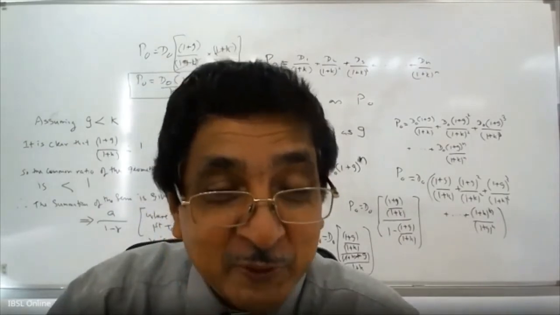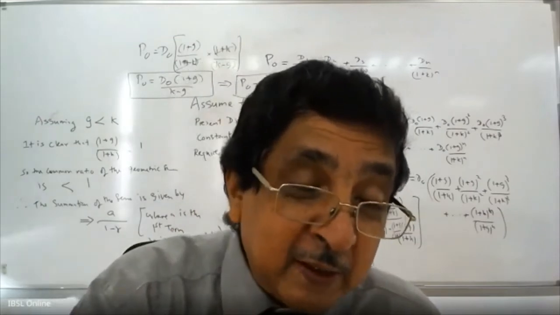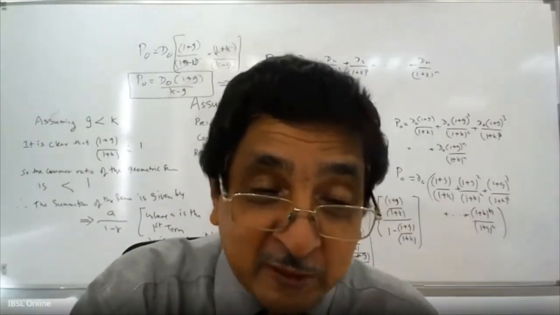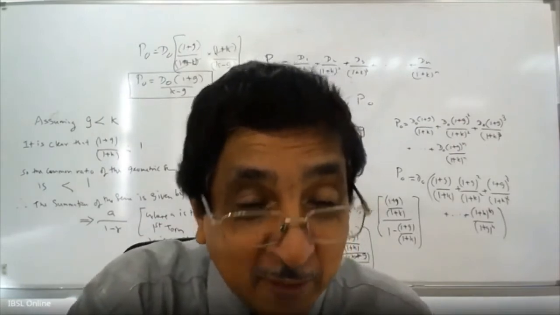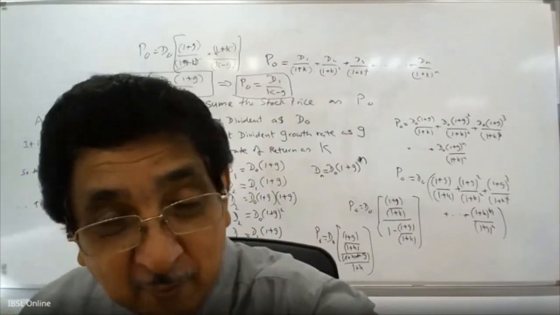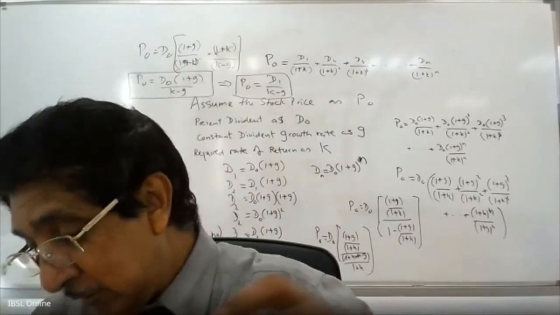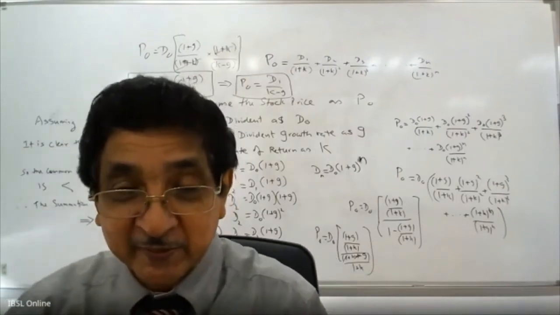It is not negative growth. If G has a minus value, that's okay, that is a negative growth. But it is not the case here. Price has become minus. What is the meaning of a minus price, in physical terms?